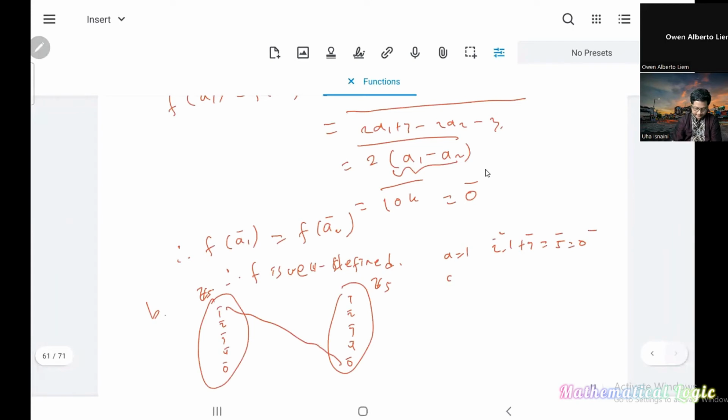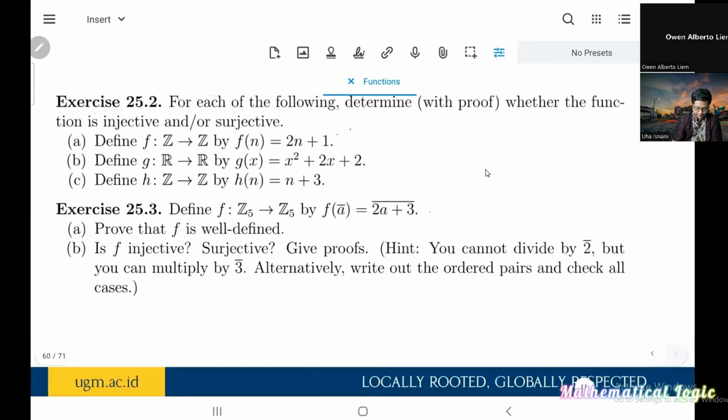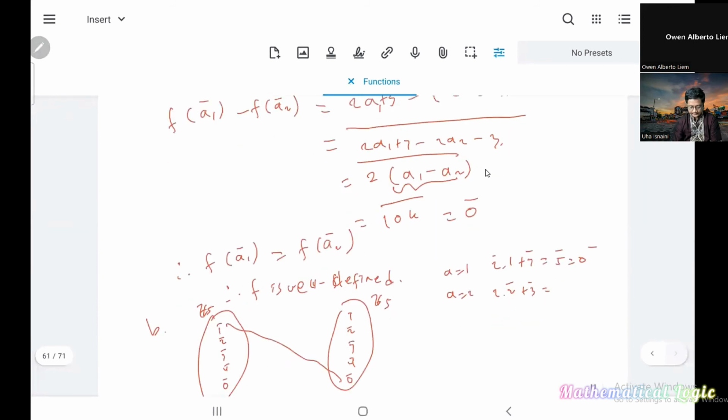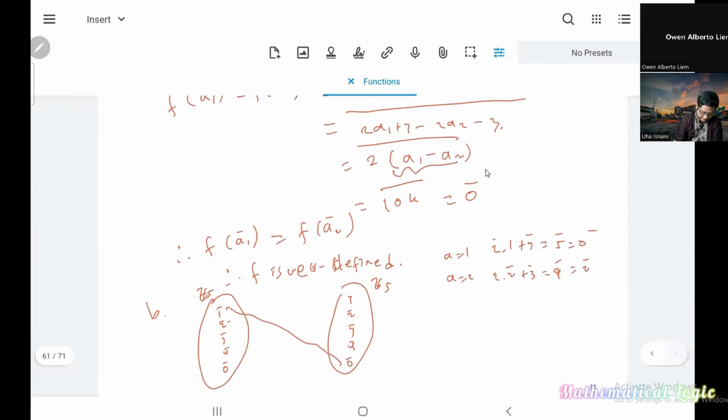And then when a is equal to 2, 2 times 2 bar plus 3, because this one is equal to 2a bar plus 3 bar, right? Then 4 plus 3 is 7, and 7 is 2. So 2 goes to 2.